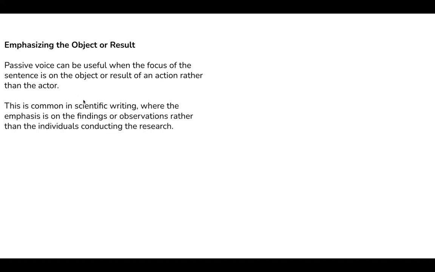In cases where the person who did the action is not important or is not known, you can use passive voice. For example, this is common in scientific writing, where the findings, observations, and results of experiments are much more important than the individuals conducting the research, right?